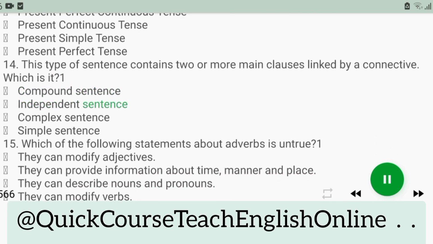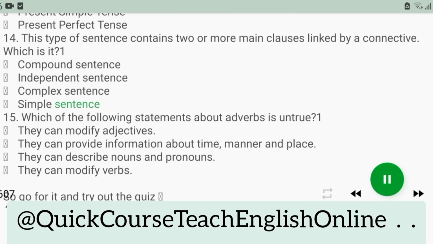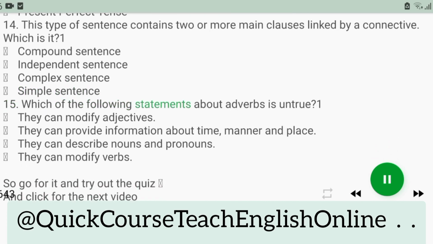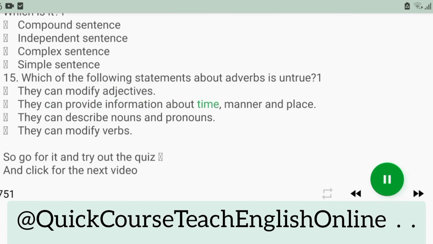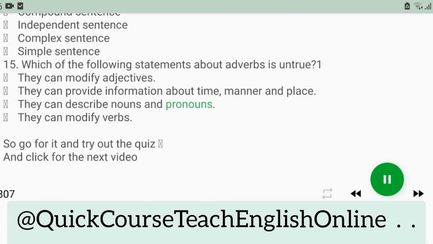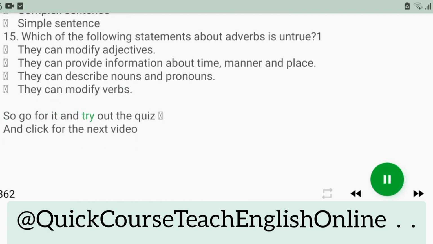Independent sentence. 3. Complex sentence. 4. Simple sentence. 15. Which of the following statements about adverbs is untrue? 1. They can modify adjectives. 2. They can provide information about time, manner, and place. 3. They can describe nouns and pronouns. 4. They can modify verbs. So go for it and try out the quiz. And click for the next video.